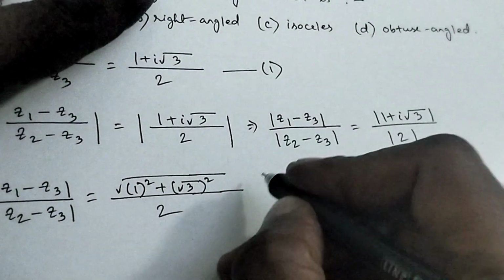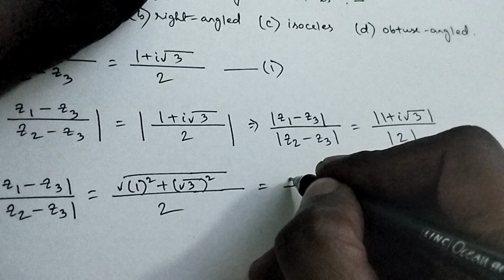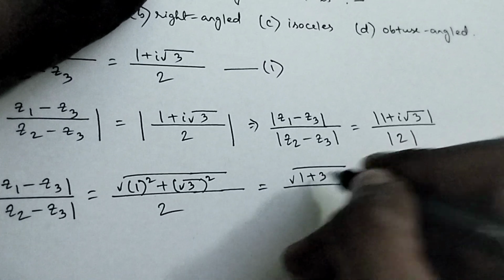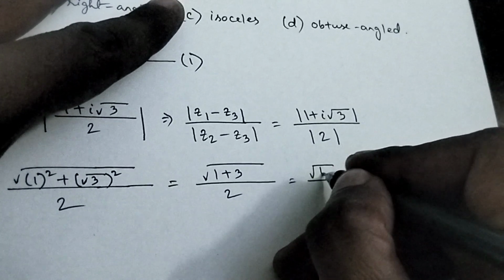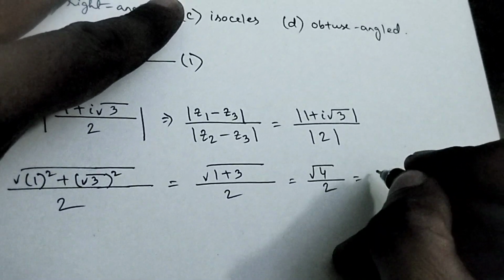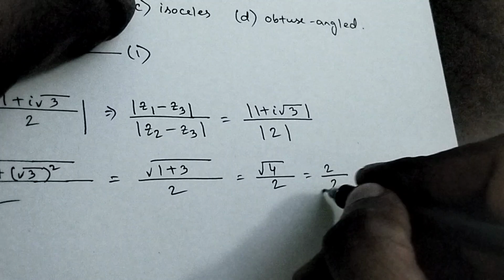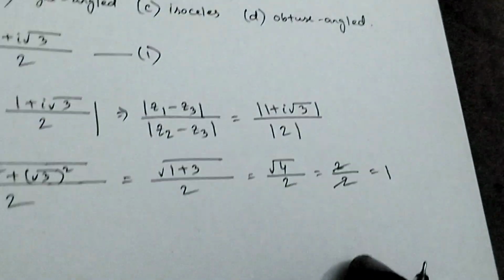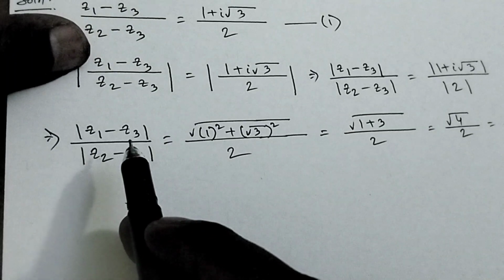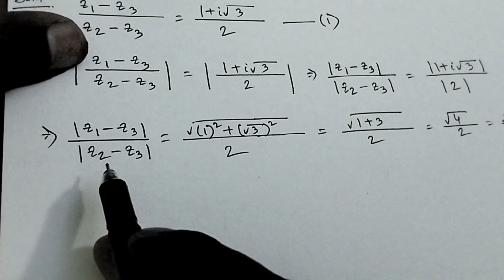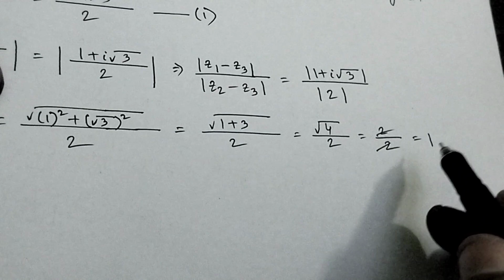So this will be under root (1 plus 3) by 2, so under root 4 by 2, so 2 by 2, which is finally 1. So mod of (z1 minus z3) by mod of (z2 minus z3) is equal to 1.